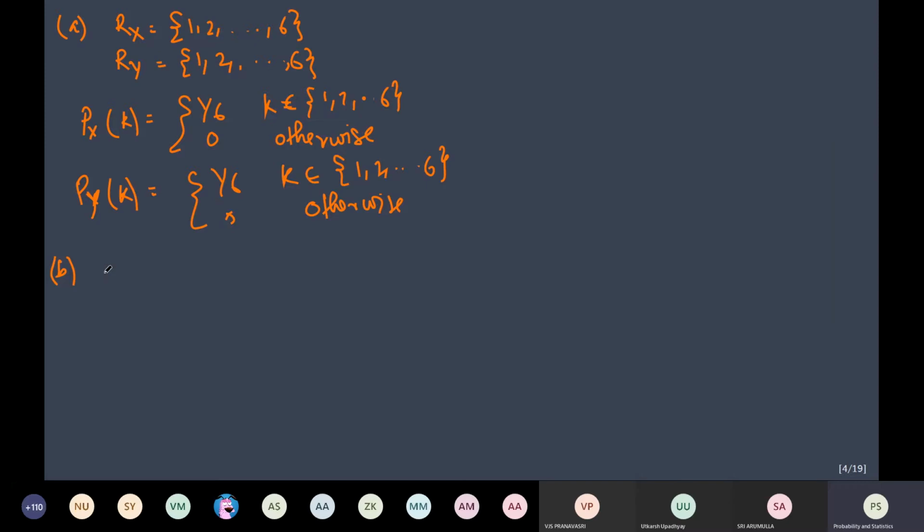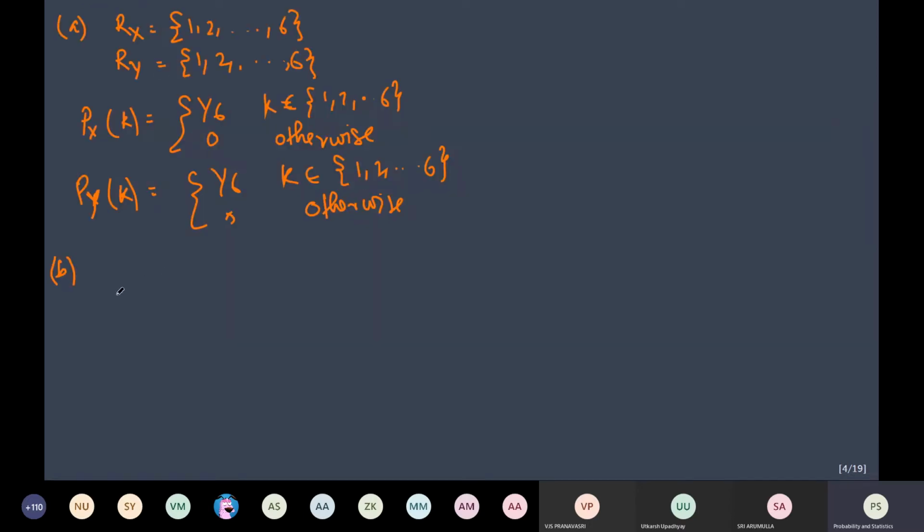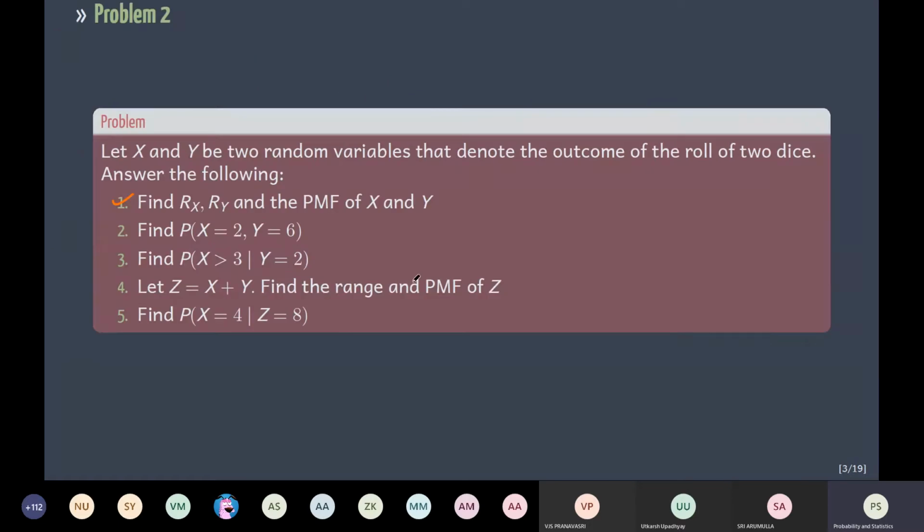Part B of the question was probability that x is equal to 2 and y is equal to 6. This is also straightforward from what we know.